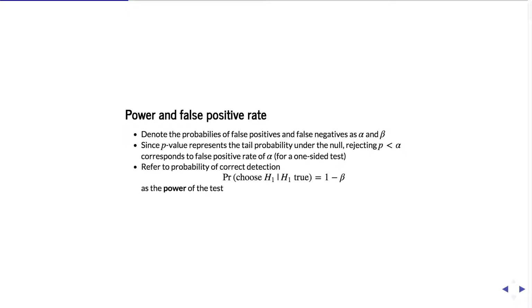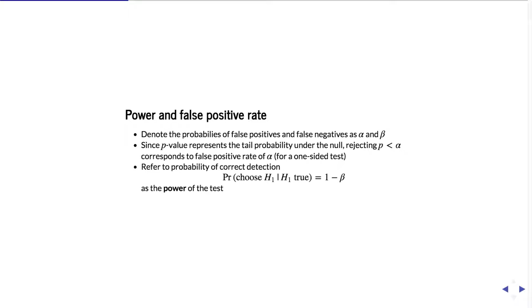So the relationship of these to other things we care about. The probabilities of these things occurring are the false positive probability and the false negative probability. These are typically represented in testing theory as alpha and beta. Since we're going to reject the null when the probability is under a certain value, if we reject whenever p is less than alpha for a one-sided test, that's going to correspond to a false positive rate of alpha.